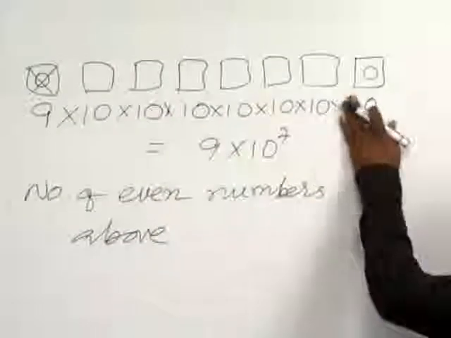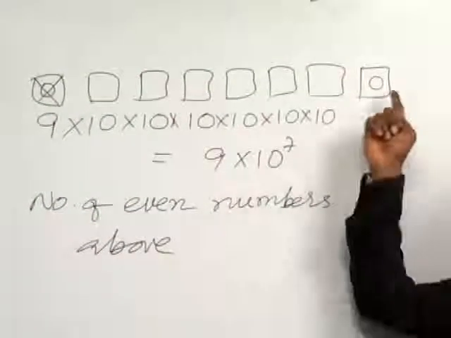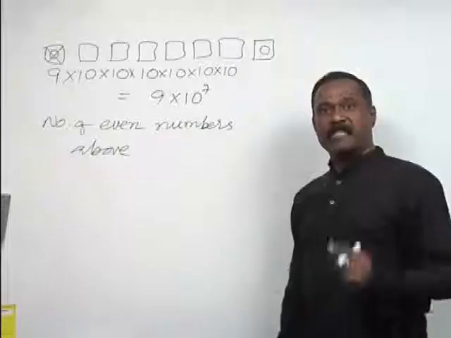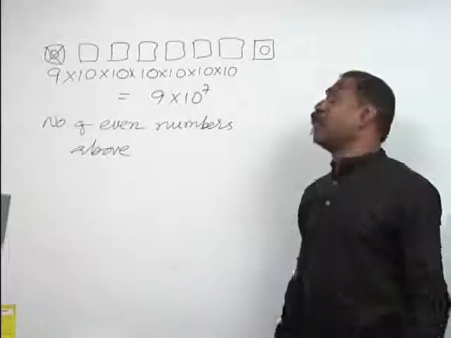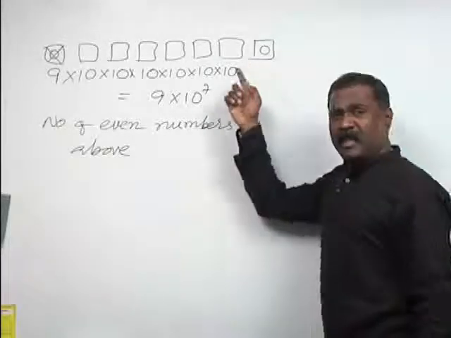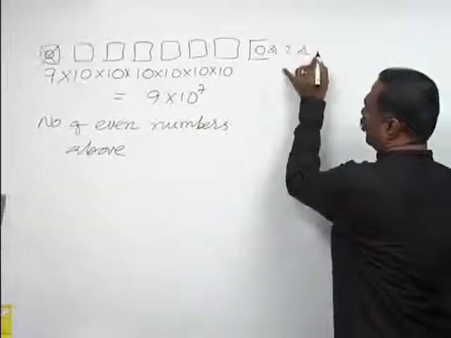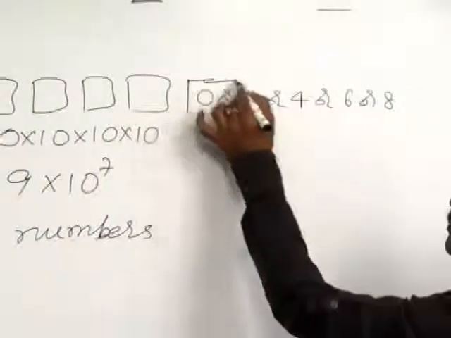I'm avoiding this because my even number or odd number depends on this place. If this place contains a number which is divisible by 2, then you can say that it is an even number. So I can fill this place either with 0, 2, 4, 6, or 8. Understand it please carefully.